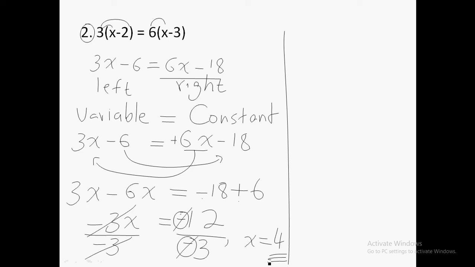So the value of x is 4, right? If we write here 4 and here 4, those two sides are equal, we will get the same value. So that's our solution of this equation.